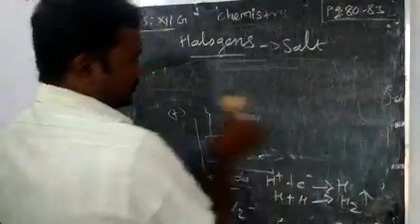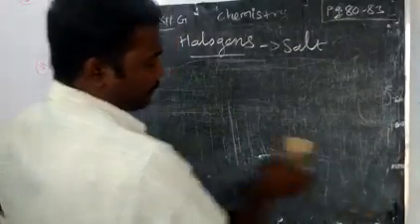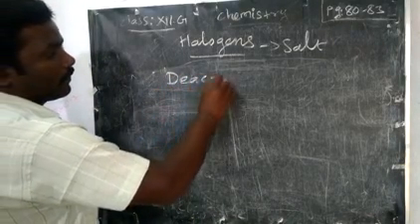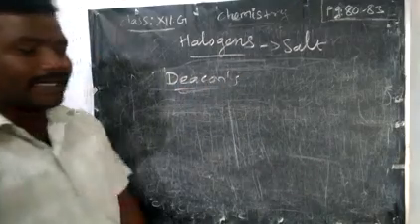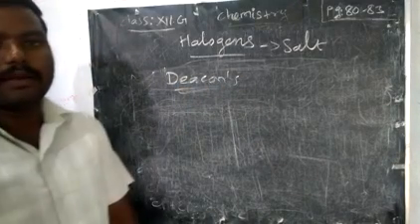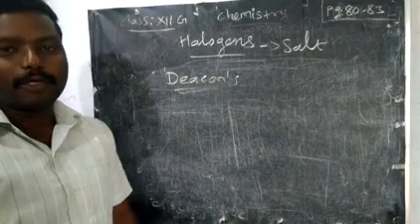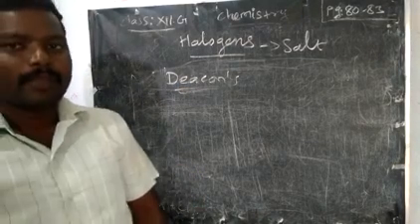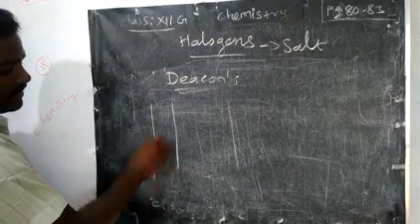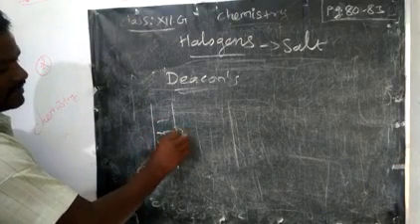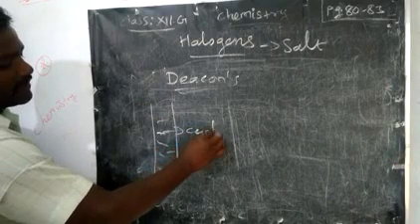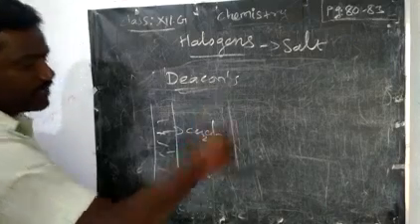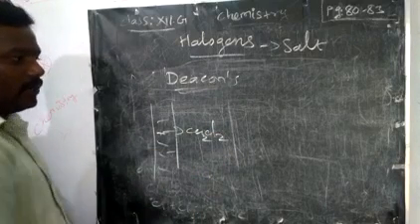The next process, Deacon's process. So what is Deacon's process? Here we are going to treat hydrochloric acid with oxygen, and we also have an apparatus like this. There are so many beds covered with cuprous chloride, Cu2Cl2.